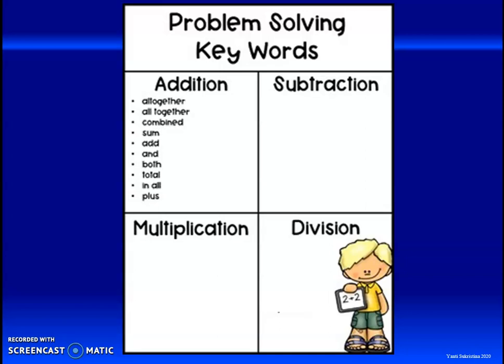In addition, examples of keywords are altogether, all together, combined, sum, add, both, total, in all, plus, and so on. On subtraction: how many more, how many are left, decreased, subtract, less than, fewer, change, reduce, and so on.